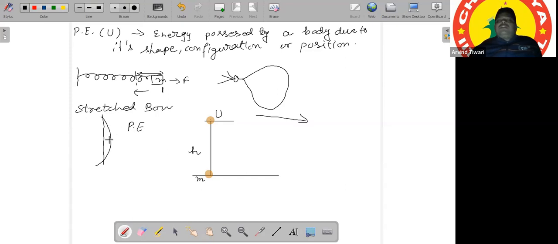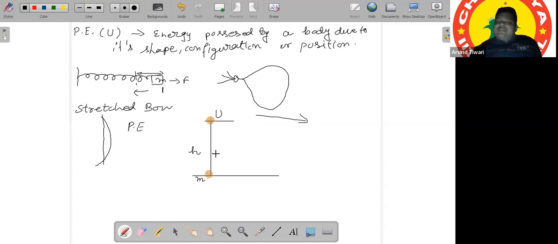To measure the potential energy for class 9, we do not have to measure the potential energy of a spring. We do not have to measure the potential energy of a balloon. Also, we don't have to measure the potential energy of a stretched bow, as, however they are possessing potential energy, their mechanics of study is quite different from what is happening in the case of gravitation.